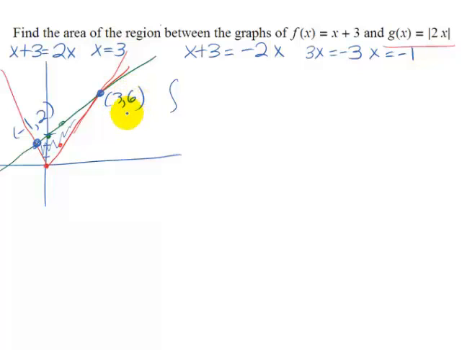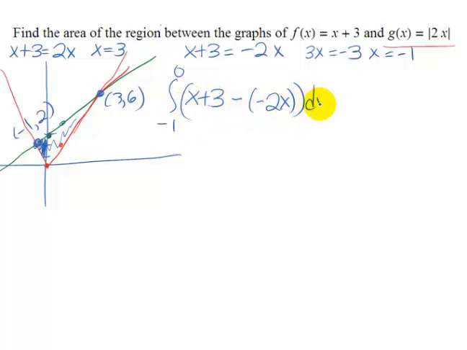So our two integrals, we're going to go from negative 1 to 0 so that we can get this piece right here, and our upper curve is going to be x plus 3, and then we are going to subtract our lower curve, and our lower curve in quadrant 2 is negative 2x.